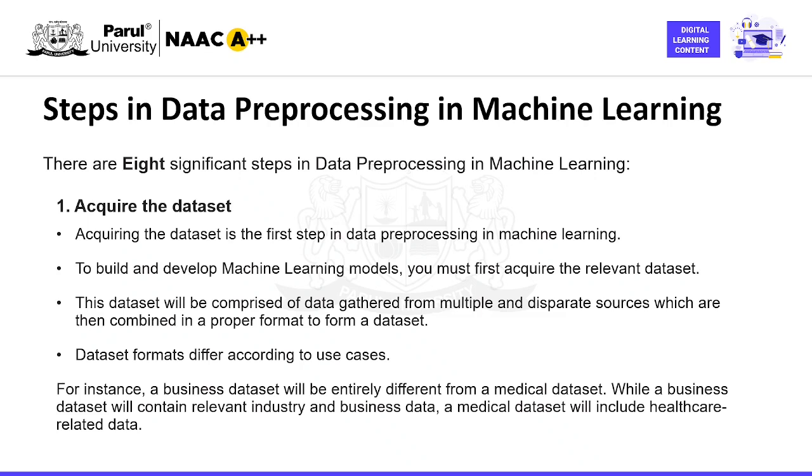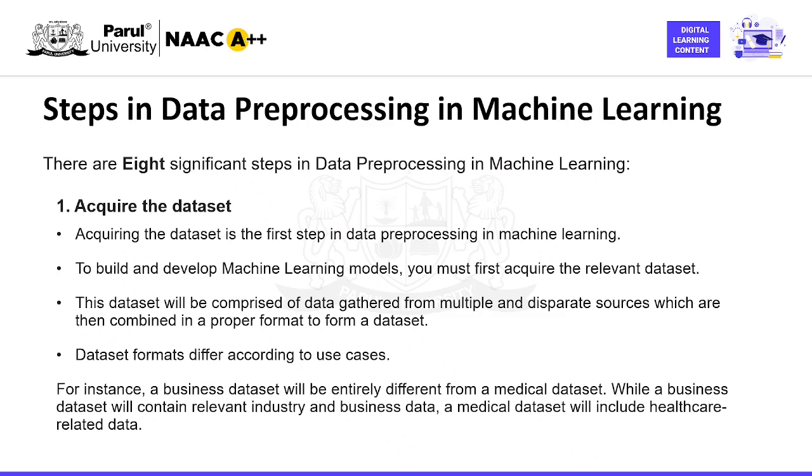This dataset will be comprised of data gathered from multiple and disparate sources, which are combined in a proper format. We also know that if the data is not in a proper format, it is a problem. We can collect the data from multiple sources and multiple places, but the data must be in a proper format.